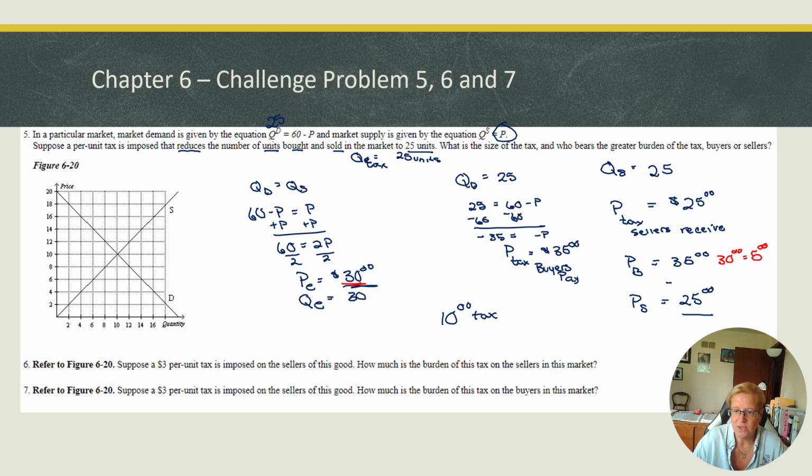Sellers were receiving 30, but now they're only receiving 25, so they too are paying $5 of the tax. So of the tax, buyers have a tax burden of 5, sellers have a tax burden of 5. So it's shared equally.